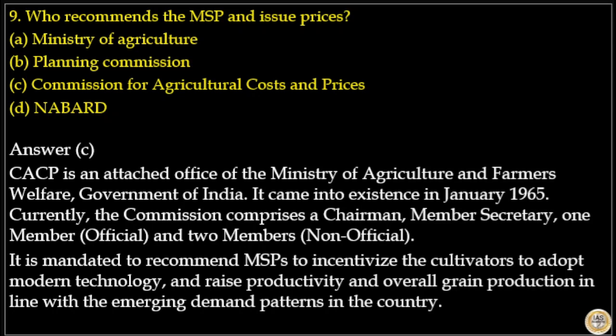Currently, the commission comprises a chairman, a member secretary, one official member and two non-official members. It is mandated to recommend minimum support prices to incentivize the cultivators to adopt modern technology and raise productivity and overall grain production in line with the emerging demand patterns in the country. So here answer to this question is option C.